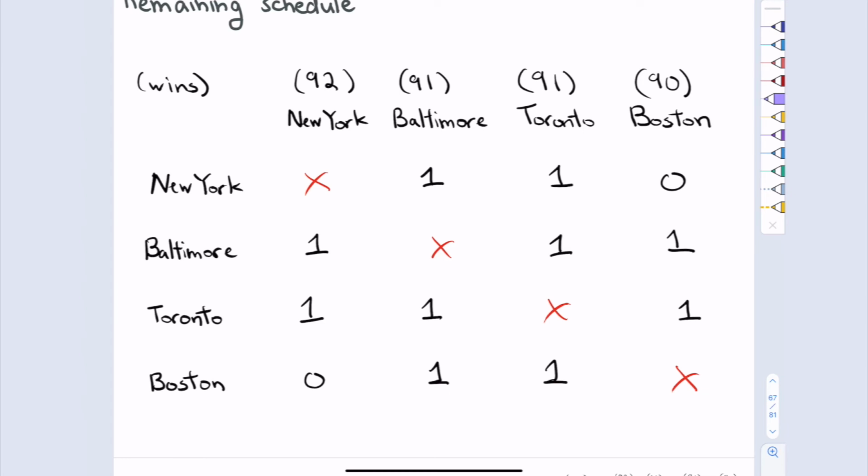Any ideas for how to model this as a flow problem? This one's also pretty creative. Maybe one thing to keep in mind is you have to distribute the wins.